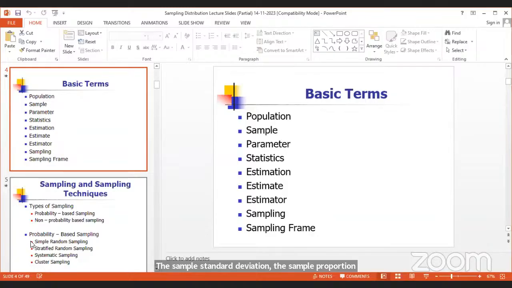Okay? And then we also looked at estimation. So we said estimation is a procedure that you go through to calculate the value of the unknown population parameter. And I explained to you why population parameters are usually unknown. Because if they are known, there's no need for you to take a sample because you have full understanding of the population.